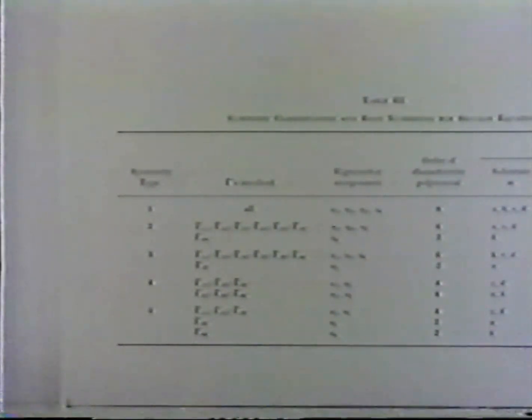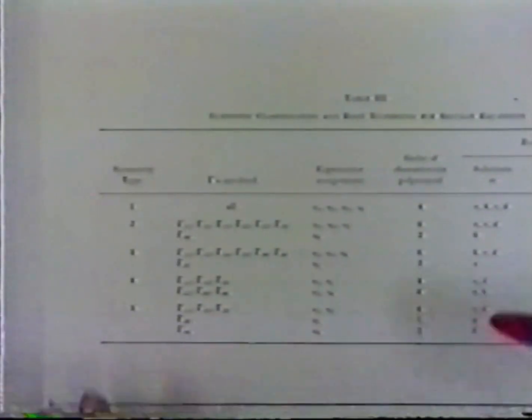What I want you to look at here is the order of the characteristic polynomial. The generalized problem is 8th order, as we've looked at before. The purely mechanical problem is 6th order. The sagittal piezoelectrically coupled one is 6th order.